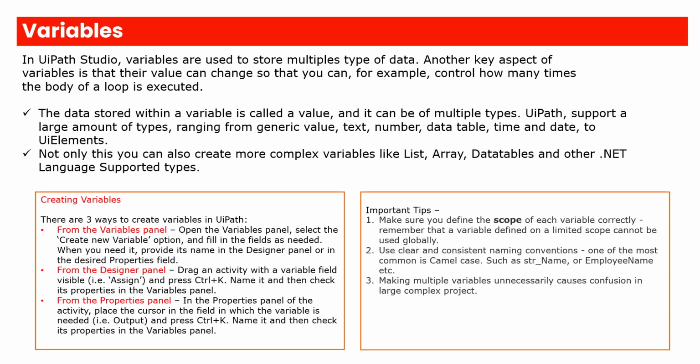The other thing you need to understand is that there is a concept of scope, similar to public and private that we discuss in other programming languages. When you define a variable, a scope is defined. For example, say there is a workflow and you define a variable inside a for loop.